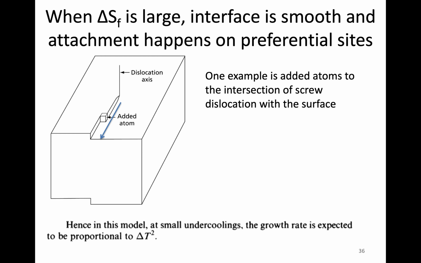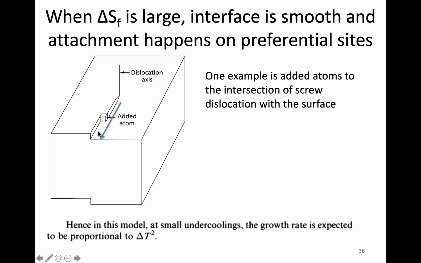The other type is where we have a very different entropy between the surface of the solid and the liquid. And so this is where things are really smooth, right? We have a really smooth surface, and so the difference in entropy between the liquid and the solid is much larger. And so in these cases, there's not a lot of places for an atom to attach to the surface, so it has to do it on these very unique sites.